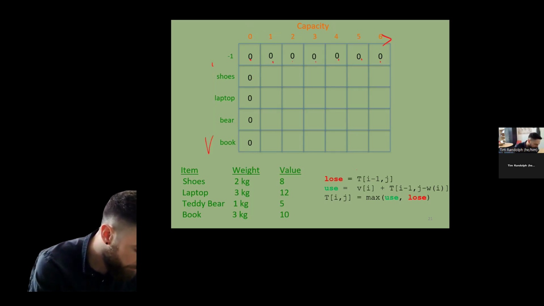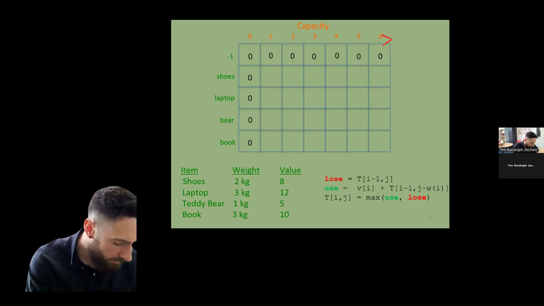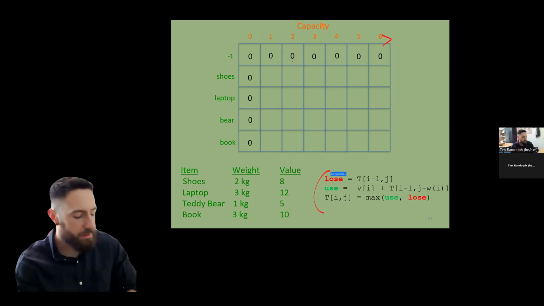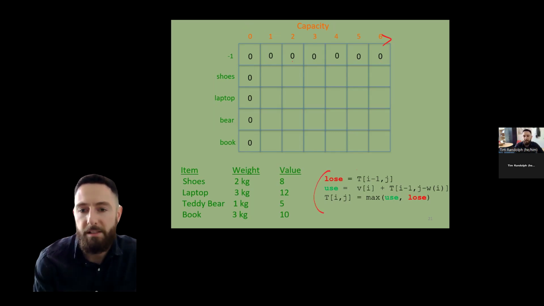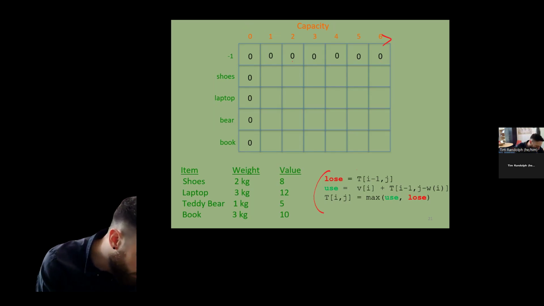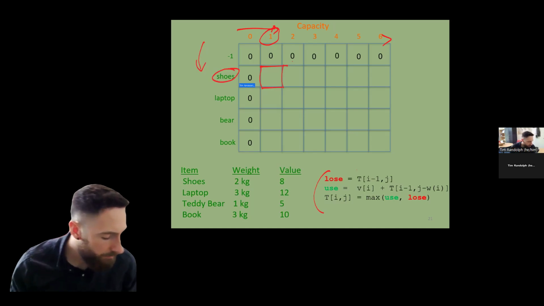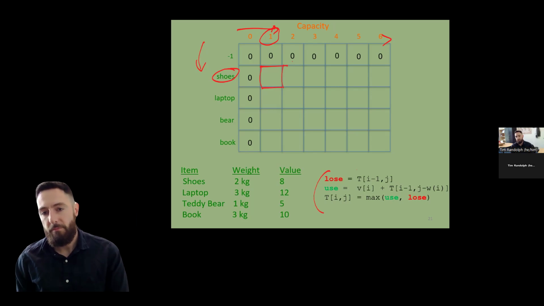Next up, we need to use our recurrence relation to actually fill in the remaining cells. So if I look at this cell first, this is the cell that asks the question, what if I have one capacity remaining and the only item I have left to consider is the shoes?